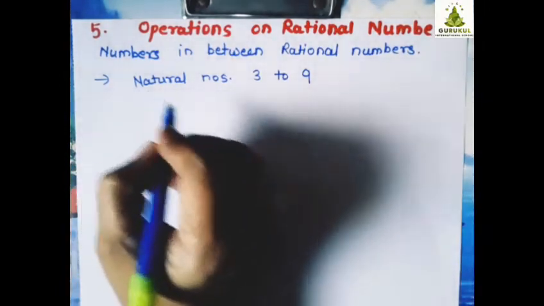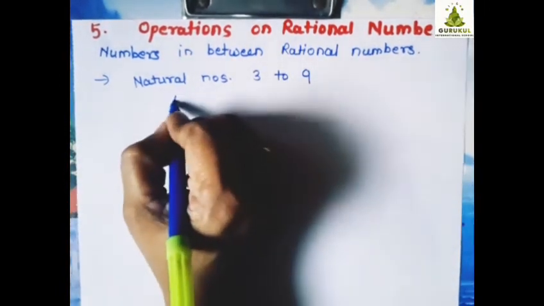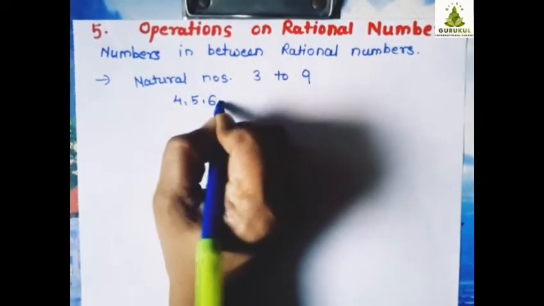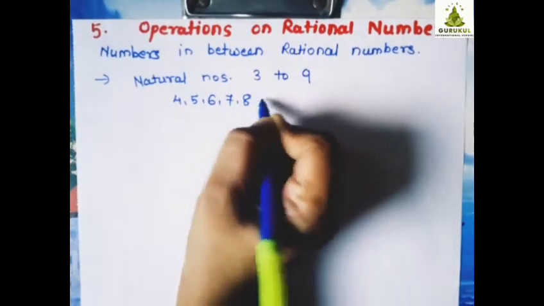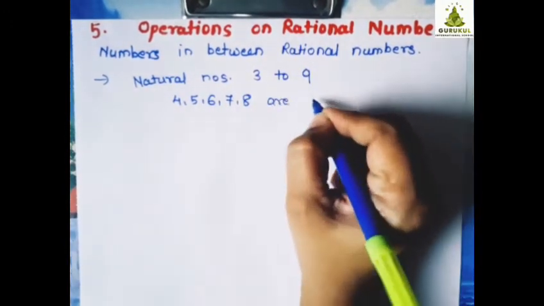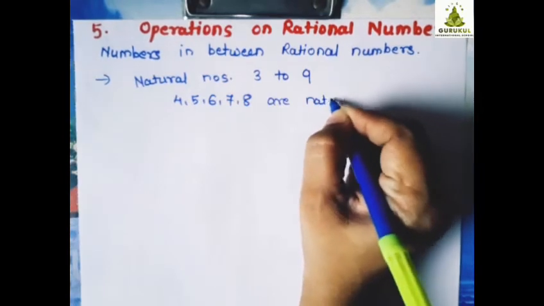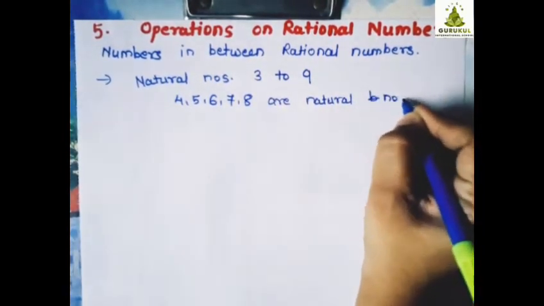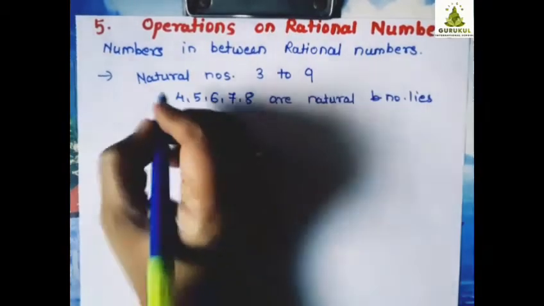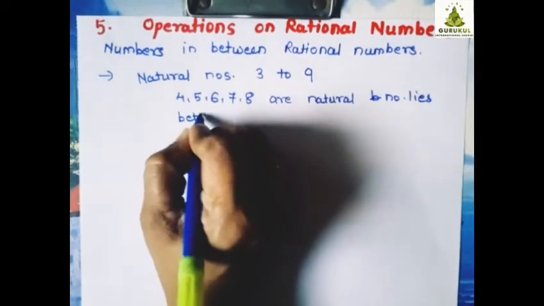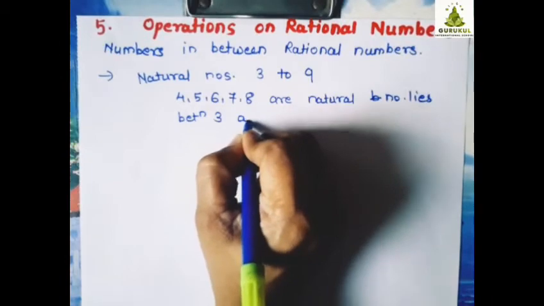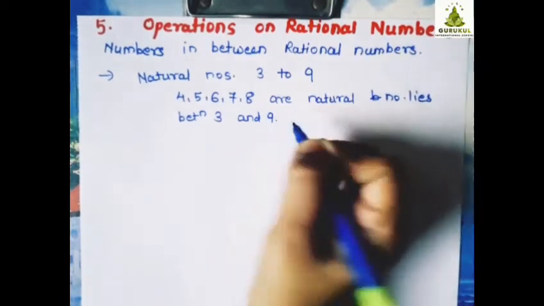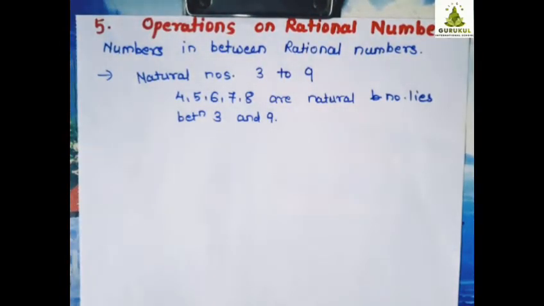Then what answer you will tell? Yes, 4, 5, 6, 7 and 8 are the natural numbers that lie between 3 and 9, correct. So, if the numbers are natural numbers, you can easily tell the in between numbers.